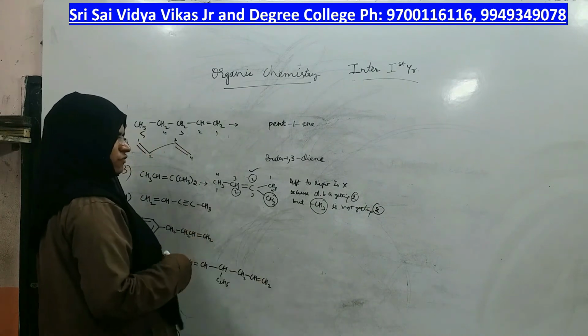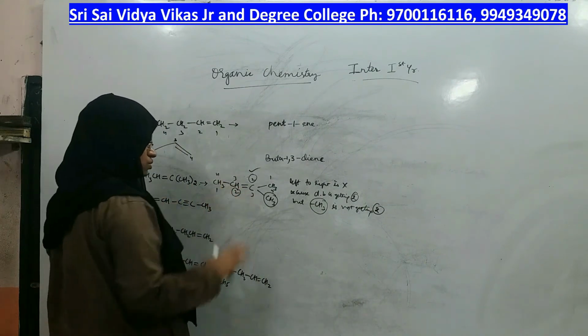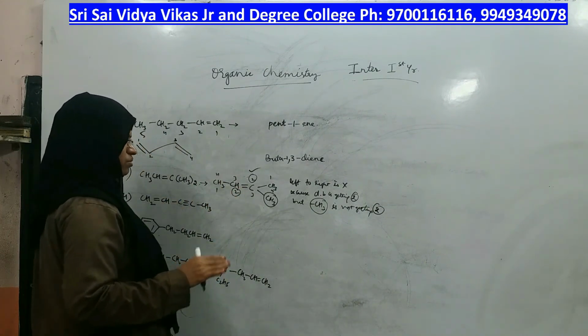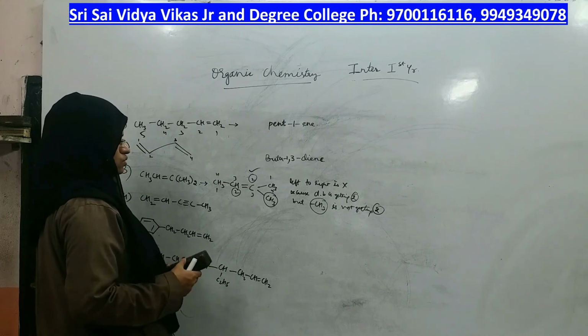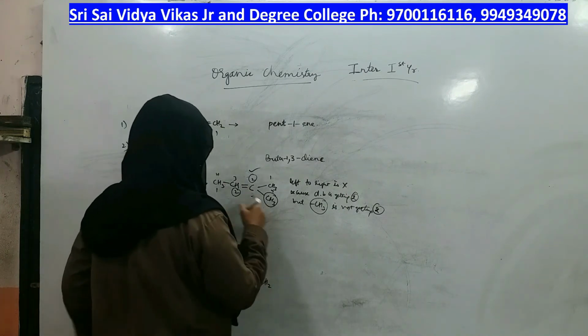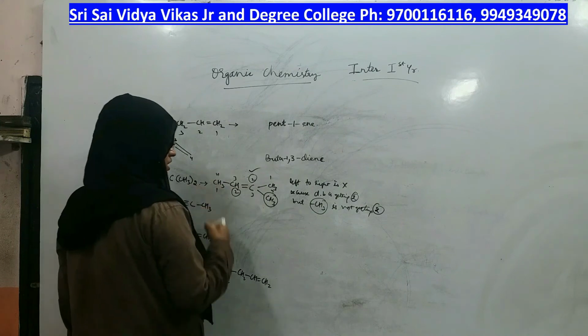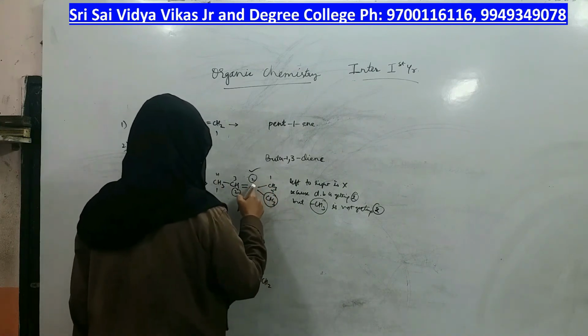From right to left, the double bond is also getting 2, and the methyl group bearing carbon is also getting 2. So which one is correct? Right to left. So 1, 2, 3, 4.